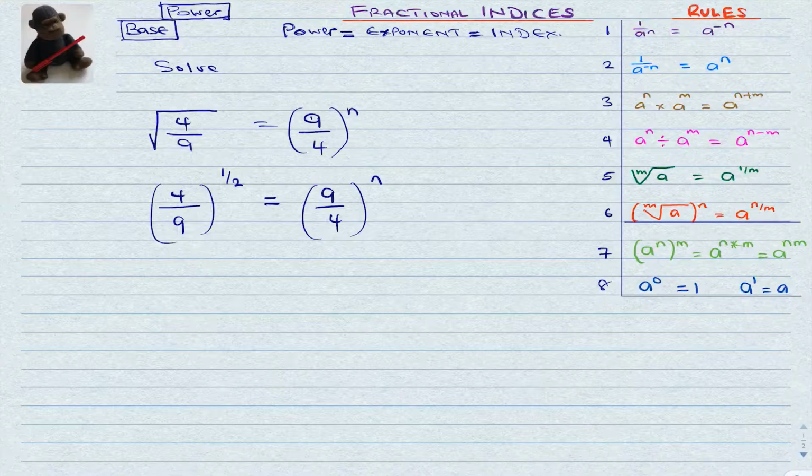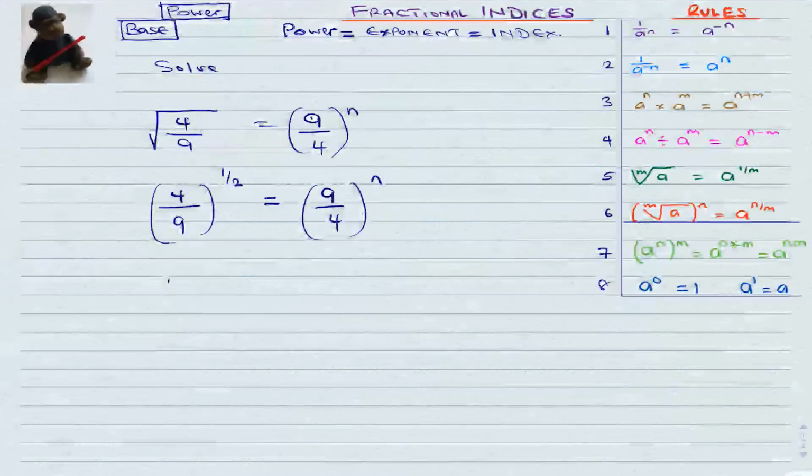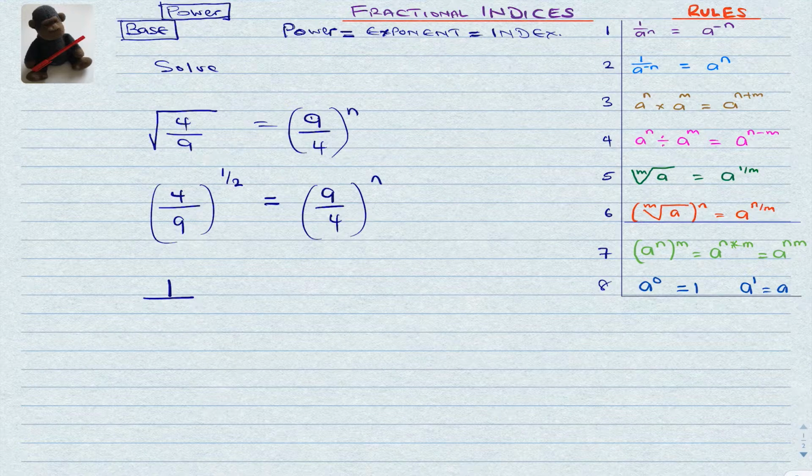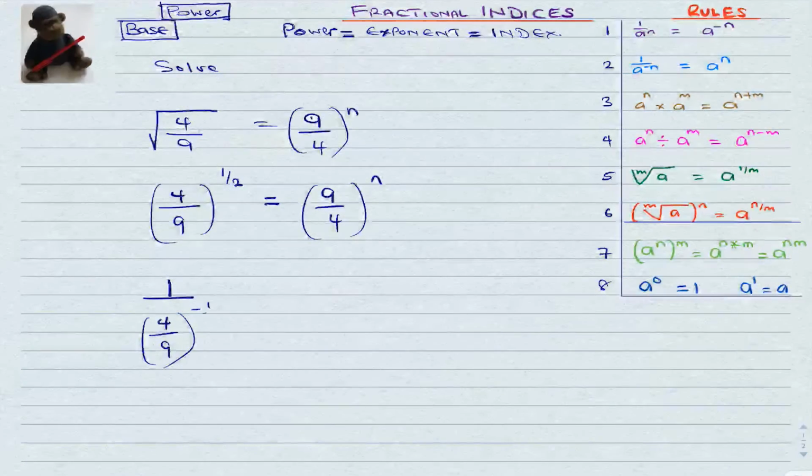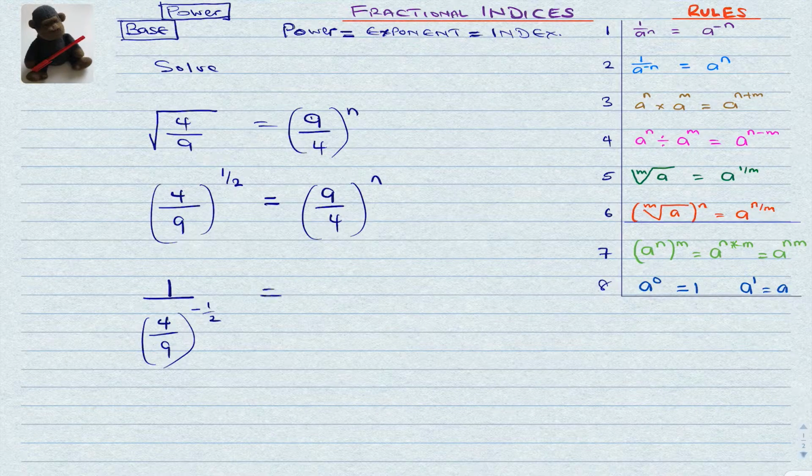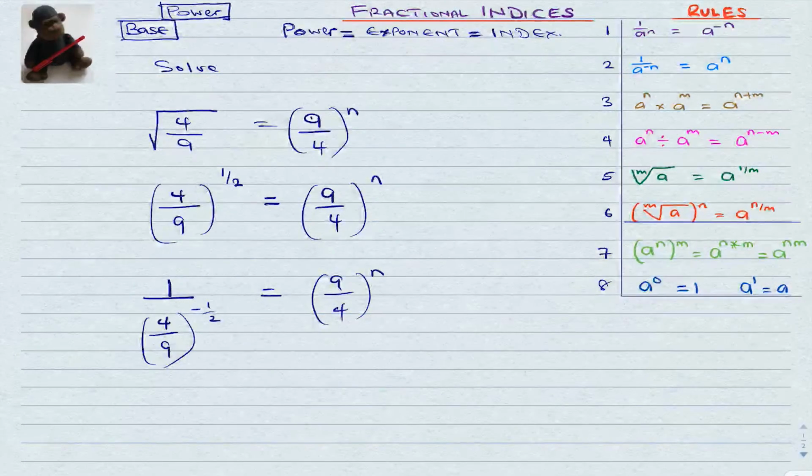We can do that by using rule number 1. So that would be 1 over 4 over 9 to the power of minus a half, and that will still be equal to 9 over 4 to the power of n.